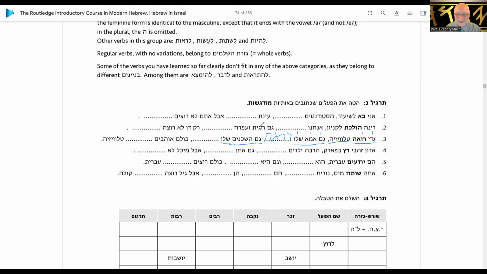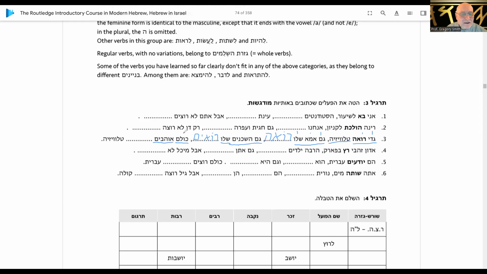That's right. Even the neighbors are there watching. Okay, so for them, it's going to be the mixed plural, so it's ro'im. Okay, so shelo ro'im. Gam hashakanim shelo ro'im. So also the neighbors belonging to him are watching.